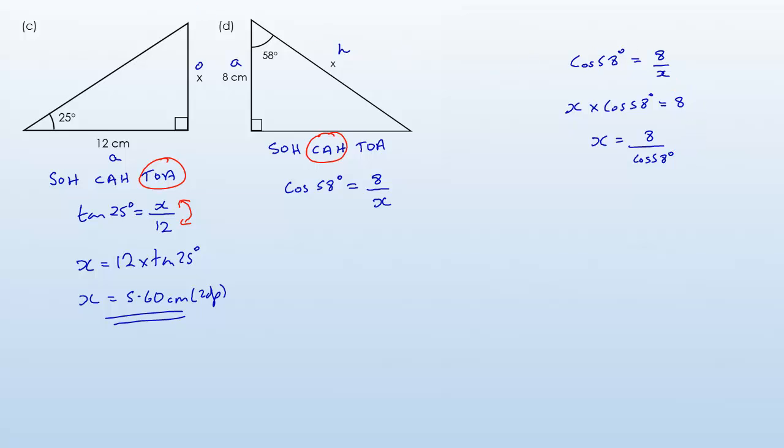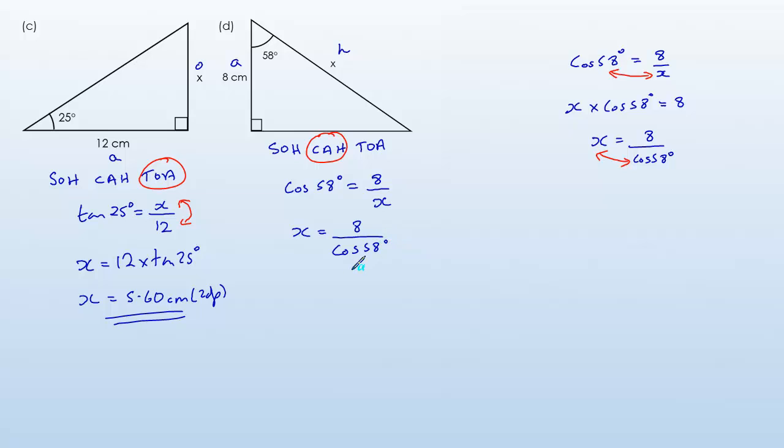But you'll notice that the net effect is that the x and the cos 58 have swapped places. So you don't need to go through this process. You can just remember this. When the x is on the bottom, the x and the angle part will change places, whether it's cosine, sine, or tan.